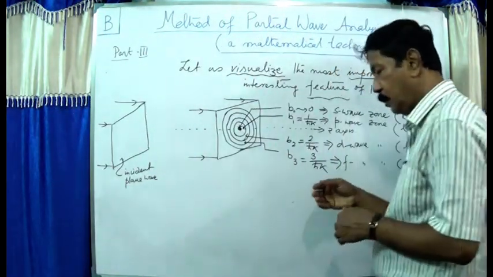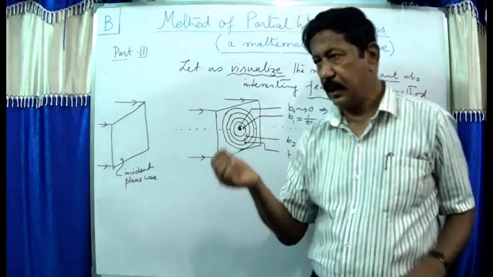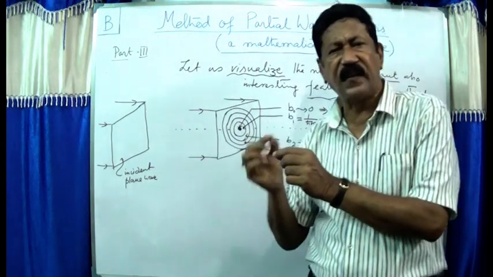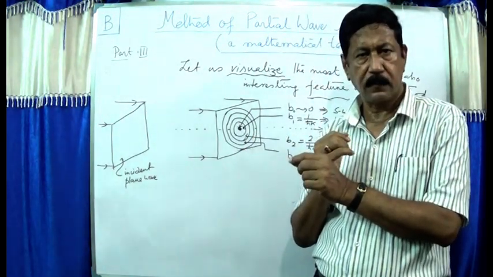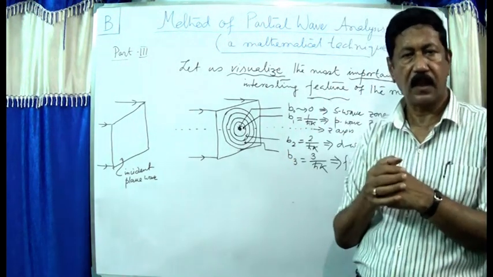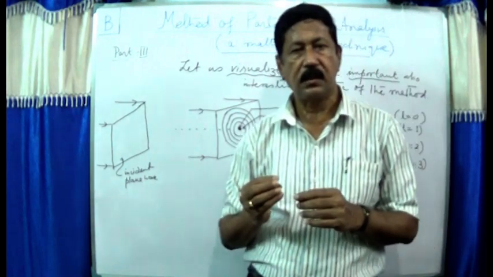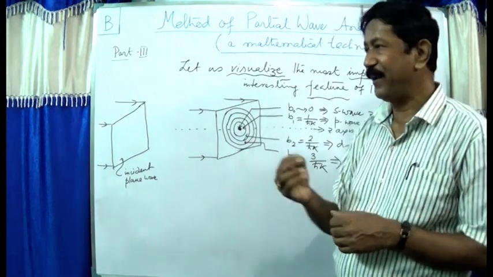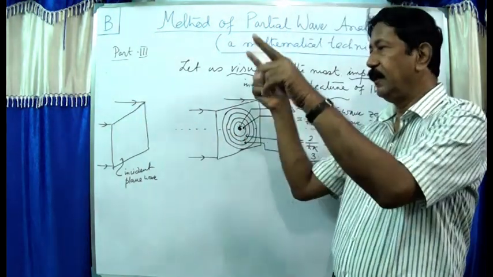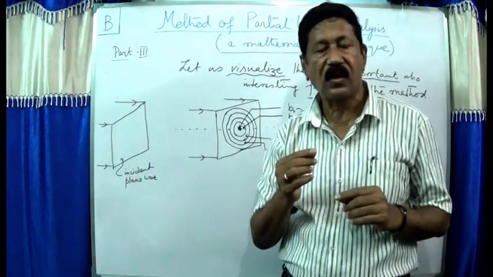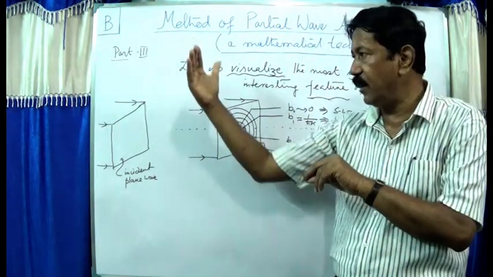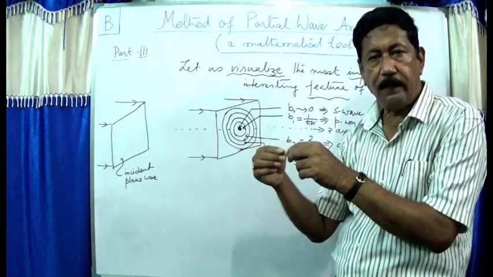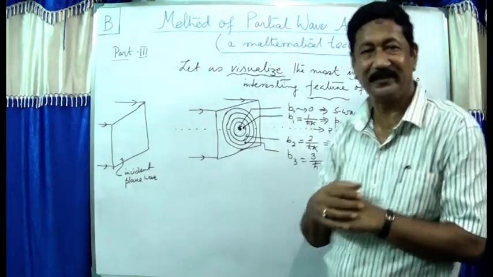Now come to our discussion in another way. When the incident beam has very low energy, or the interaction potential is very weak, it is quite natural that the whole waveform may not be affected. Only the central part of the incident waveform will get affected by the interaction potential. Is it clear?